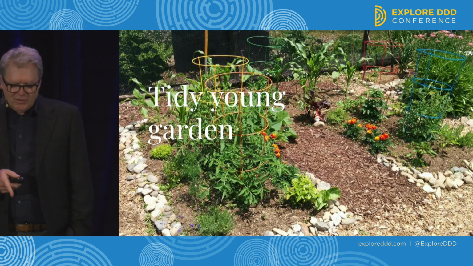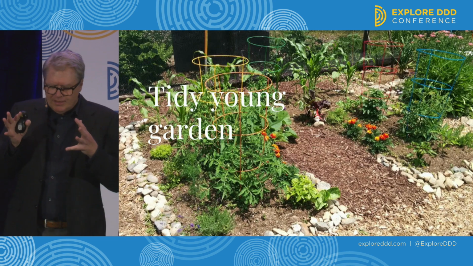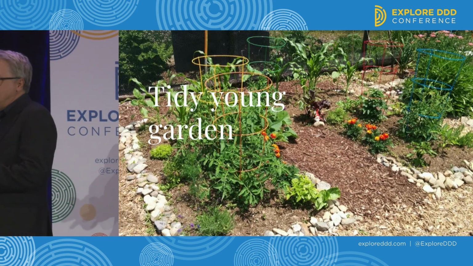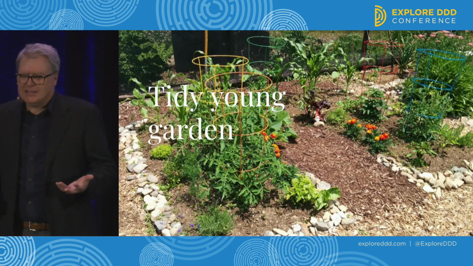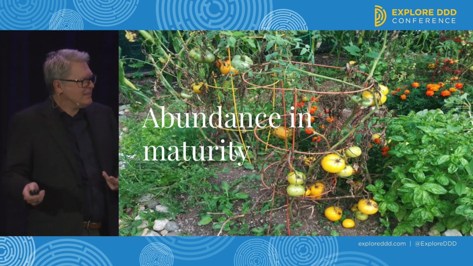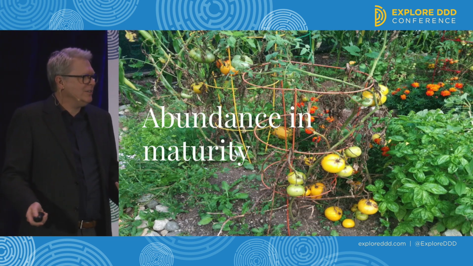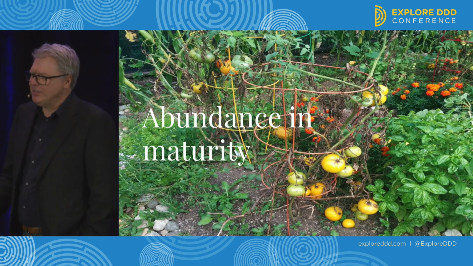A few years ago I was involved in a community garden, and I realized that a very newly planted garden has an appealing order to it. But it's the mature late summer garden that produces all the good stuff, right? That's where all the productivity is, the abundance, at that mature stage.